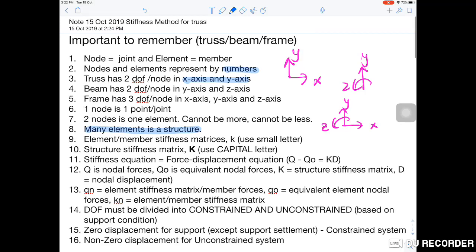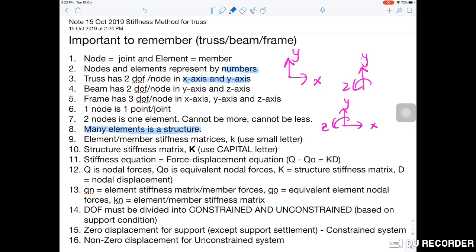For the element or member stiffness matrices, we use k, small letter k. And for the structure stiffness matrix, we use K, capital letter K. The size of the structure stiffness matrix depends on the degrees of freedom, total joints times degrees of freedom, for truss, for beam as well as frame.